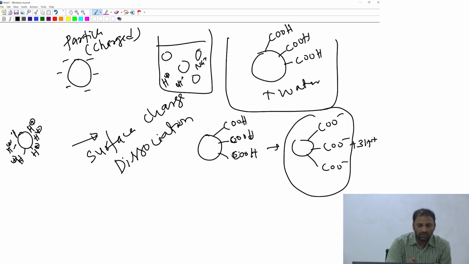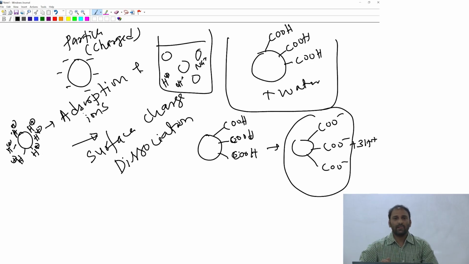So this mechanism is called adsorption of ions. It could be adsorption of ions, of any charged molecules, of charged surfactants, or of charged polymers.